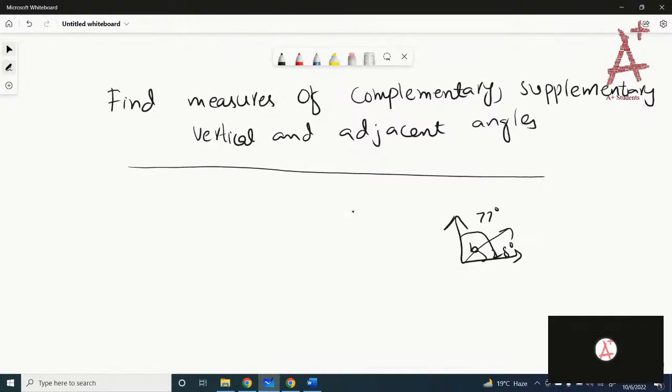You have to find the angle B. Got it? So they are adjacent angles. B and 28 are the adjacent angles. So add the measures of the adjacent angle and set the sum equals 77. 28 degrees plus B equals 77 because the measure of the complete angle is 77 degrees. Got it? So you can find angle B by shifting 28 to the other side. It would be subtracted from the other side.